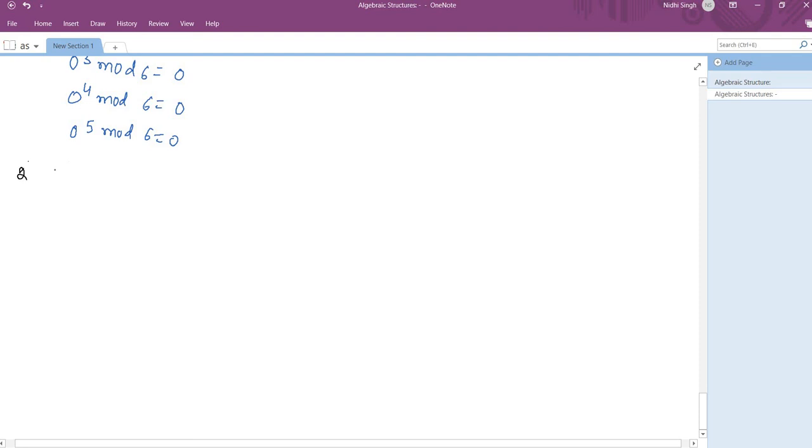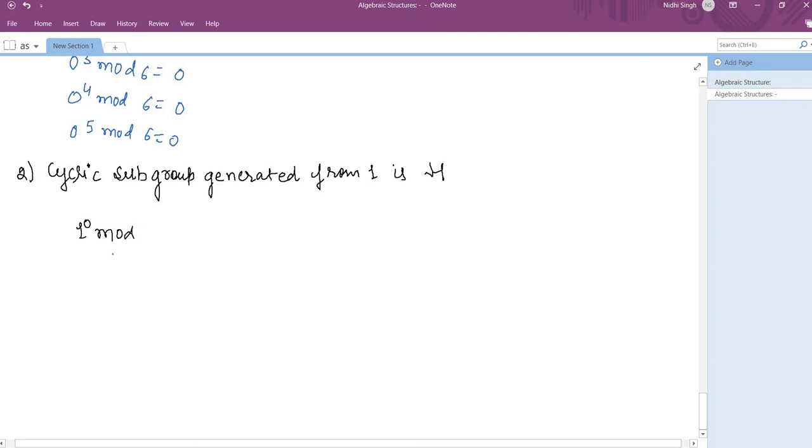Now the second one. Second one is cyclic subgroup generated from second element. What is second element? That is 1. So 1 to the power 0 mod 6, 1 to the power 1 mod 6, 1 to the power 2 mod 6. So I will compute the output also. So 1 to the power 0, so 0. 1 to the power 1, 1.